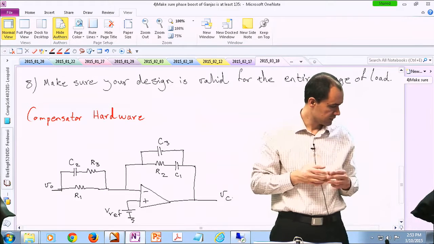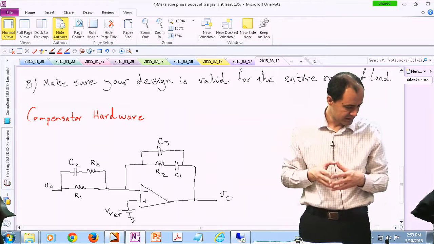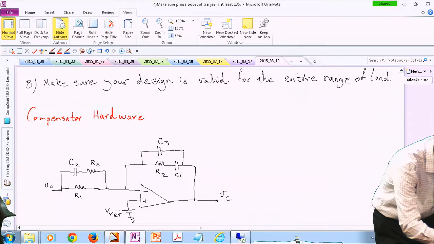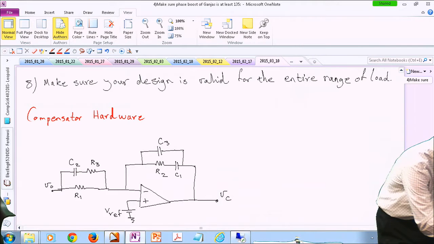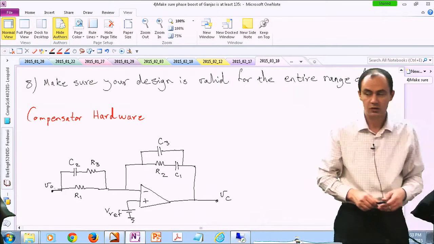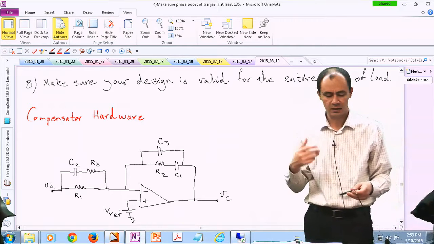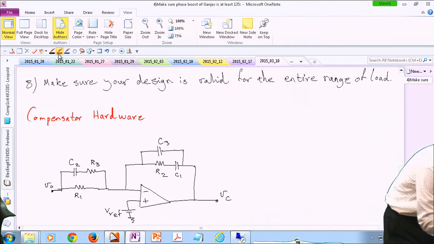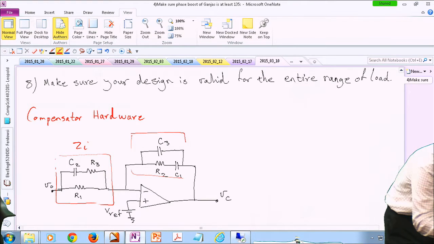You have basically 3 resistors and 3 capacitors. So VC is the output of your compensation network. Vout is either the original Vout or a scaled down version of Vout, assuming that you have a sensing network. So in order to analyze this, you can consider this. Just label this to be the input impedance kind of a network, and this is like a filtering network.